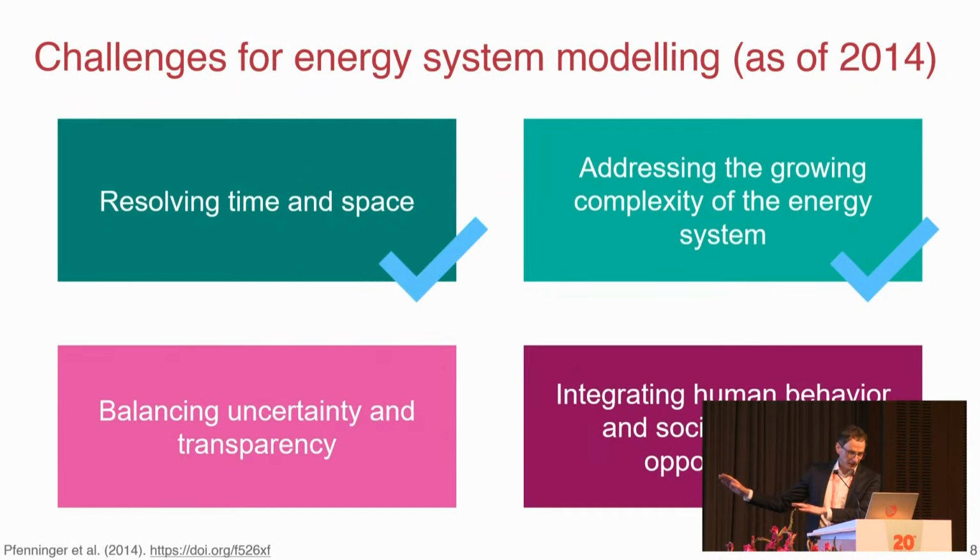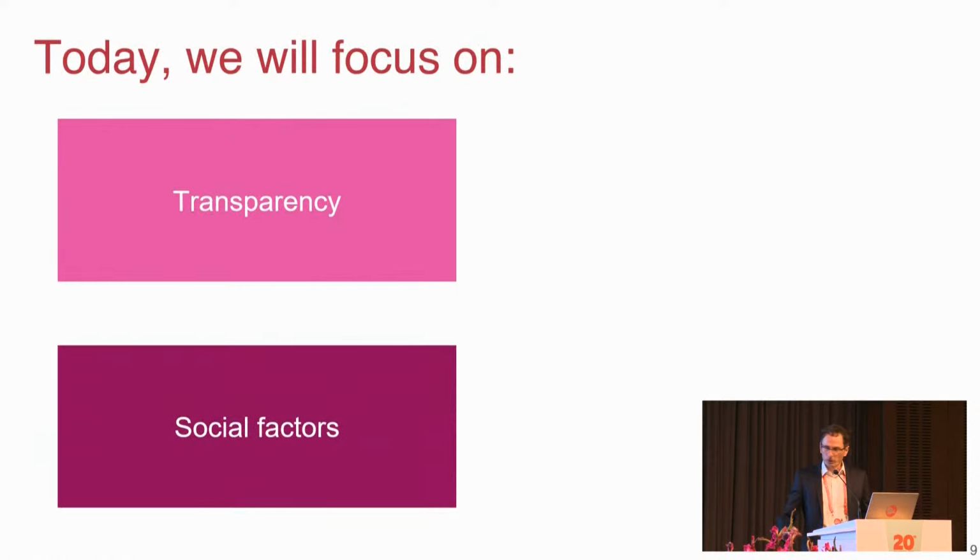But the second set of challenges, the ones in purple down here, they're maybe even more important for models to really be relevant and remain relevant and become more relevant for informing this local implementation action. So I'm going to simplify this down a little bit to just transparency and social factors. I'm leaving aside uncertainty, otherwise there's simply too many things to talk about in the time that we have.